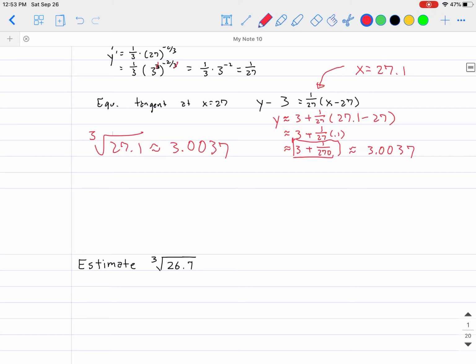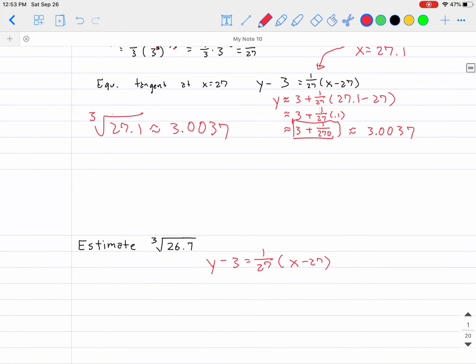You're still going to take your equation of the tangent line, which is y minus 3 is equal to 1 over 27 multiplied by x minus 27. That's my local linearization equation, or tangent equation if you want it to be short. Plugging in now, x is equal to 26.7, because 27 is where the perfect cube root is, and that's where I want to take the tangent.